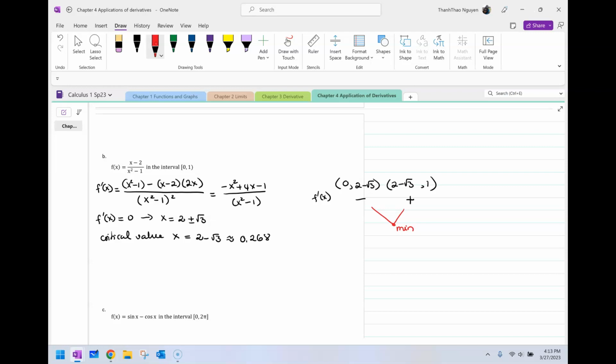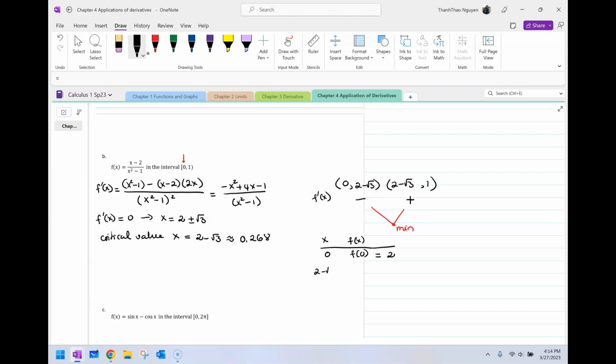Okay. So let's evaluate this function. We evaluate at x equals 0 because we are including the point 0 in our domain. At x equal to 0, f(0) is equal to 2.